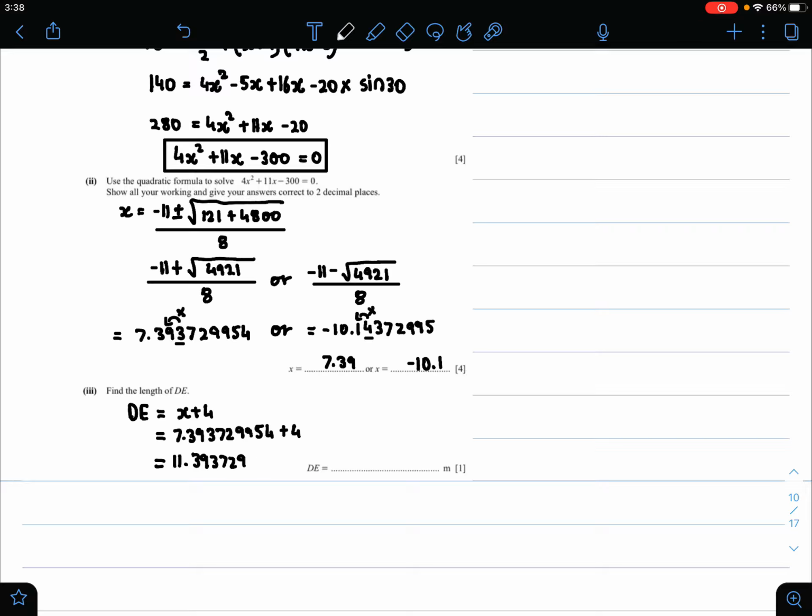Since we need to give our answer in 3 significant figures, the final answer will be 11.4, because the fourth significant figure, which is 9 in this case, is greater than or equal to 5, so it will round off the 3 to the next number. Therefore 11.4 meters will be your final answer for part B3 of this question.